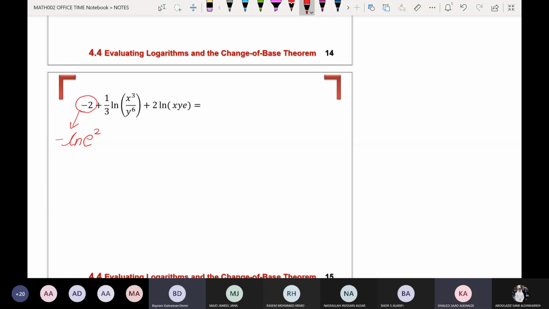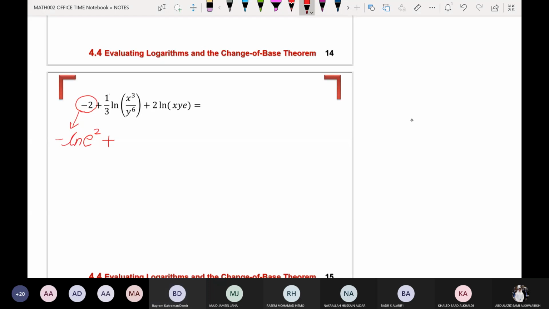So ln e square is 2. If you like, you can write it as ln e to the negative 2. As you like, no problem.